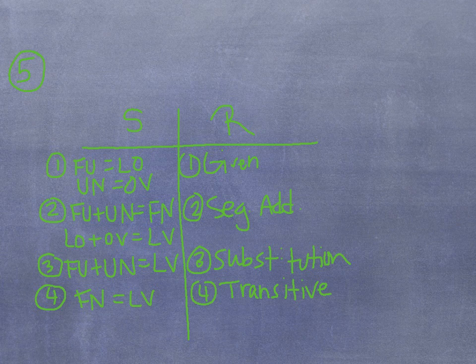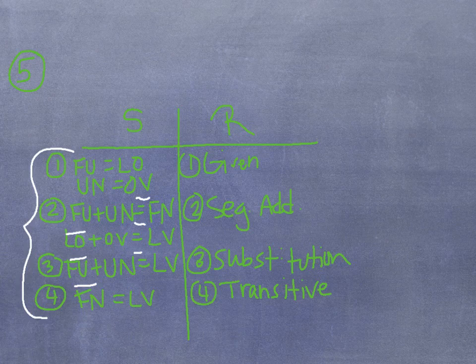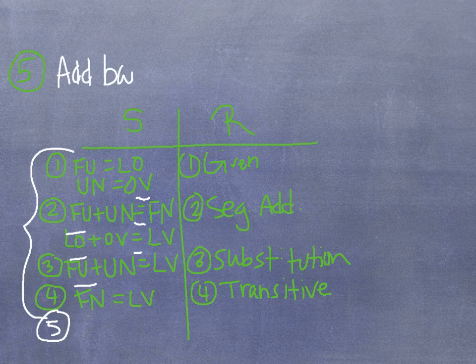So the fifth step is this. If you noticed throughout this whole proof, did you see that I never, ever, ever used a segment bar or the congruent symbol? And that's okay, that's perfectly legal. But the problem is that these are segments and they are congruent. So the fifth step is you are going to add the bar back on and the congruent symbol. The last step is you're going to add the bar back onto FN and make it congruent to LV.